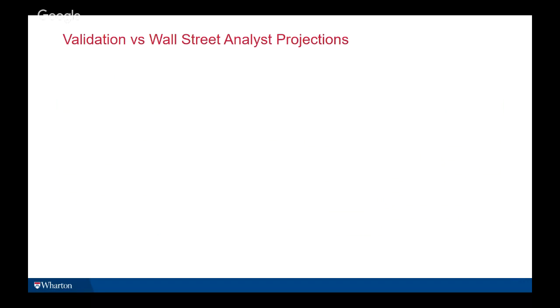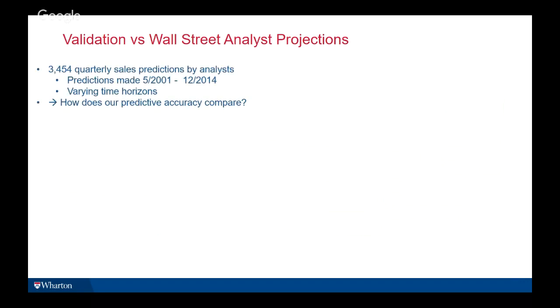Those are the 2 main things that they'll typically forecast. So we basically said, let's take every single one of the predictions that are made by these analysts, all 3,500 of them, over this period from 2001 to the end of 2014, and just see how our predictive accuracy compares to theirs.